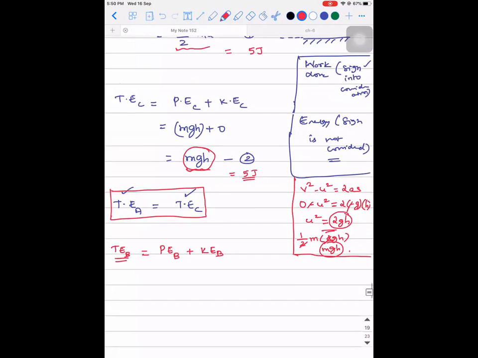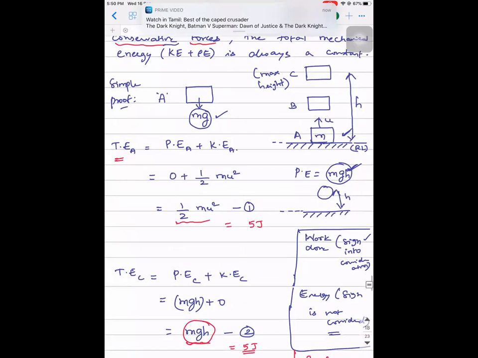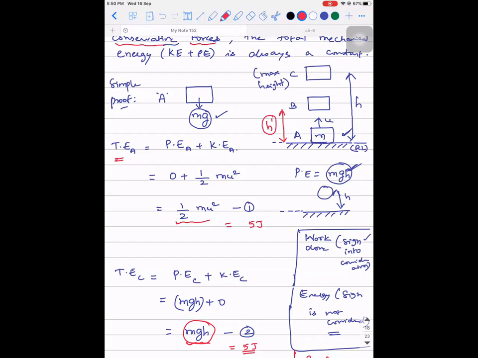Now the point is, what is the potential energy at point B? See, this derivation is there in your textbook also. Listen. So what is the potential energy at point B?